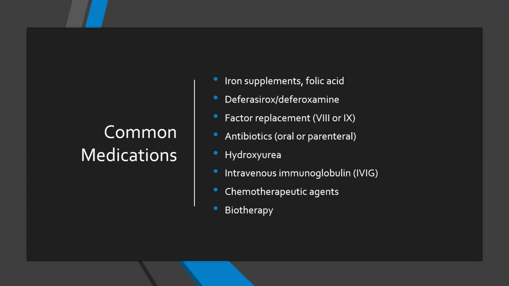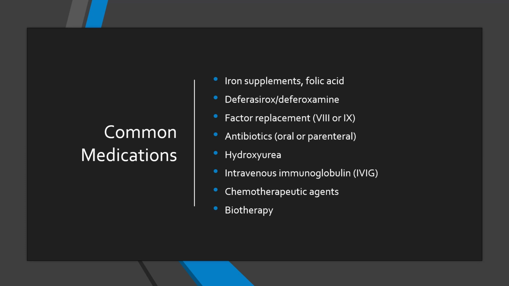Common medications, we've talked a little bit about some of these. Iron supplements and folic acid for our iron deficiencies. Deferoxamine treats iron toxicity in chronically transfused children. Factor replacement, factor 8 or 9, replaces deficient clotting factors for hemophilia.